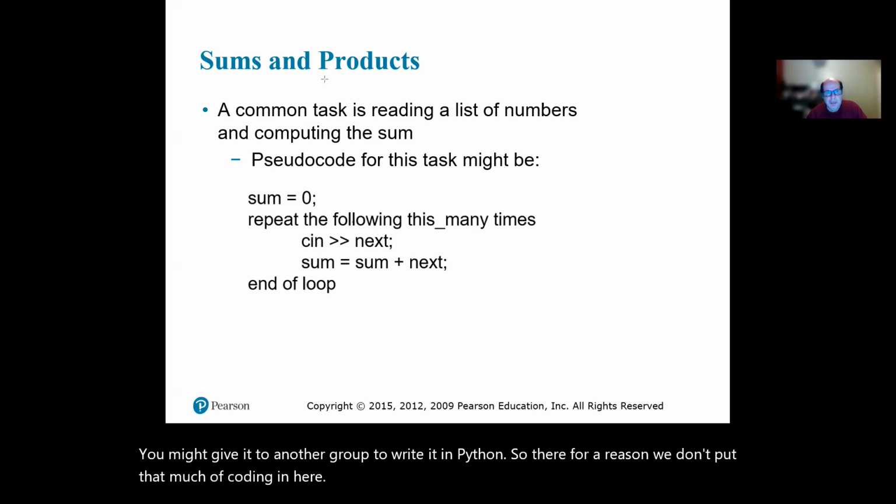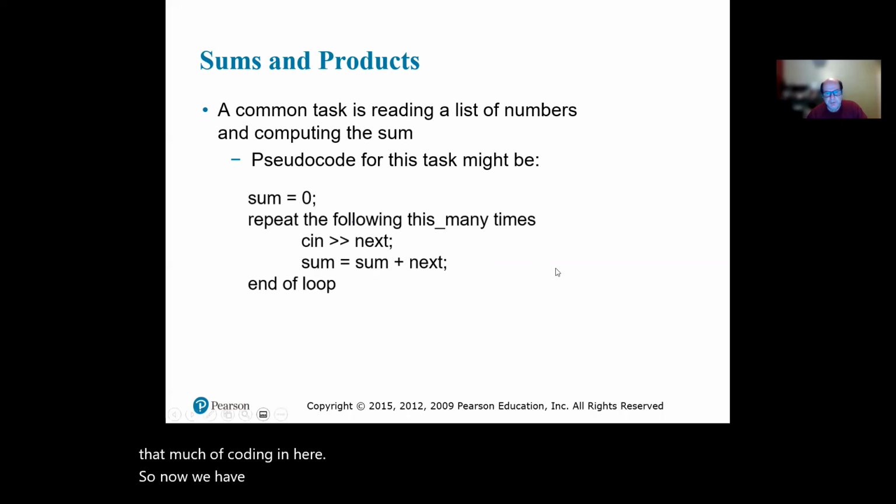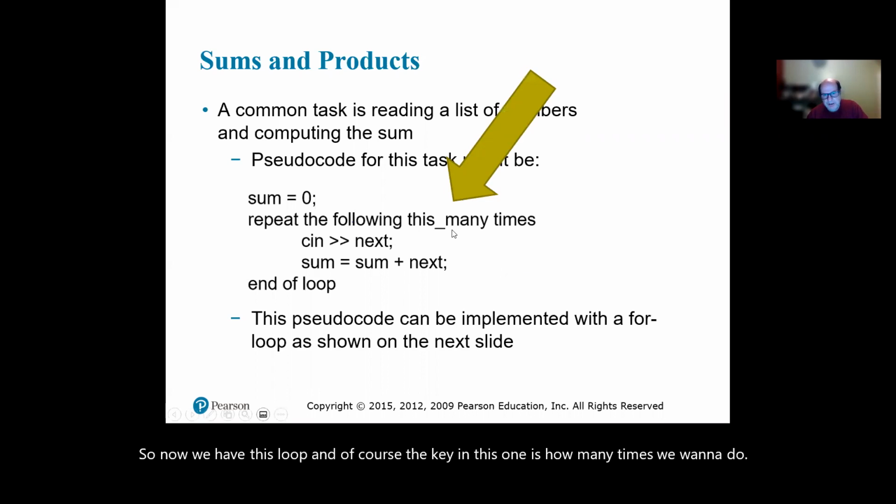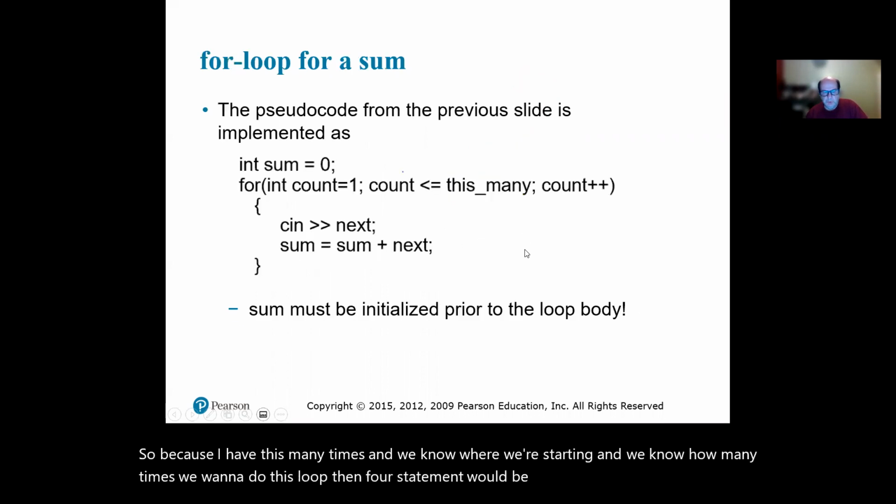Now we have this loop, and of course the key is how many times we want to do it. Because we know where we are starting and how many times we want to do this loop, a for statement would be the ideal choice.